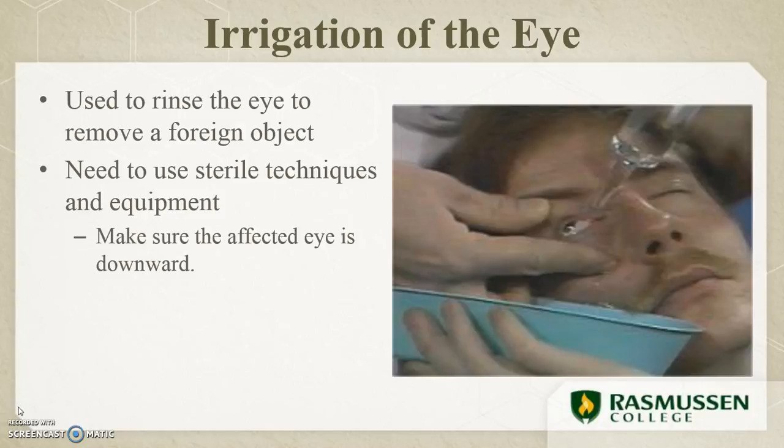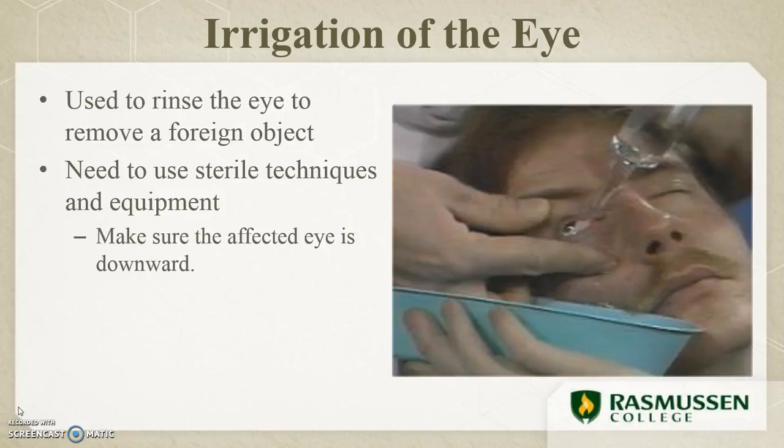You will have the patient either sit or lie down, whatever is easier for them. I typically say that it's easier to have your patient lying down, tilting their head towards the affected side. You want to make sure that the eye that is infected or affected with some sort of chemical is pointing downward, so that when it is irrigated, it does not rinse to the other eye.